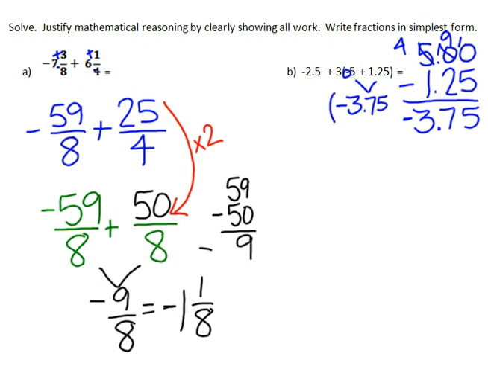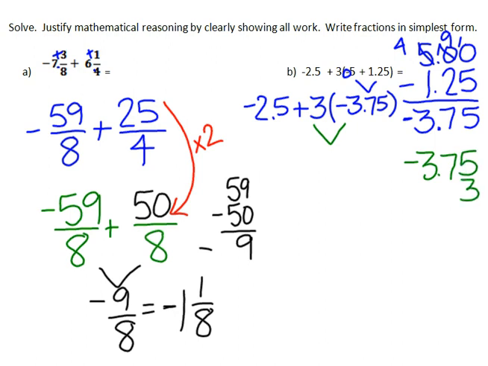Next, I'm going to bring everything else straight down. Okay, now when deciding between adding and multiplying, I need to multiply for the next step. So negative 3 and 75/100 multiplied by 3.